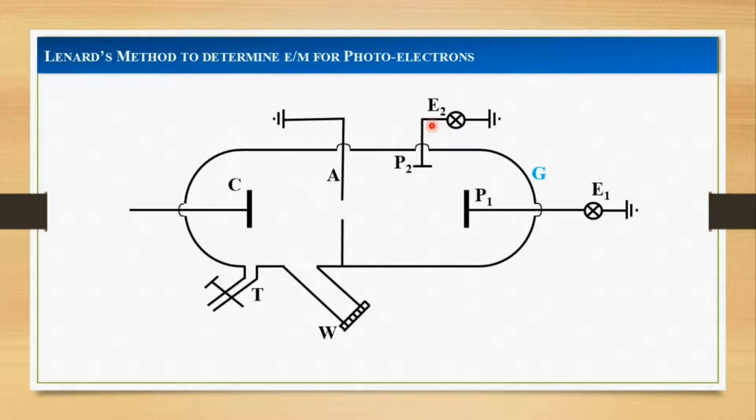When the ultraviolet light is incident on the cathode, the cathode emits electrons, or the phenomenon of the photoelectric effect takes place. The emitted electrons travel towards the anode A. Some electrons have enough energy and pass through the central hole and travel towards the plate P1. The arrival of these electrons at P1 is indicated by deflection in electrometer E1.